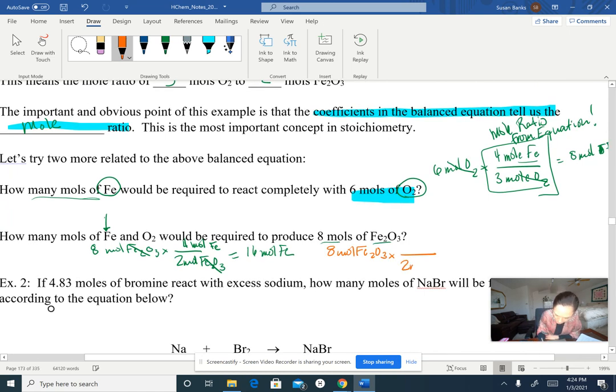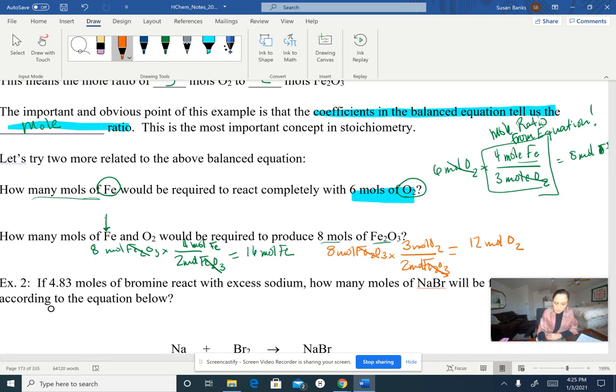So 2 moles of iron trioxide will react from 3 moles of oxygen. My moles of iron trioxide cancel out. Let's do the math. 8 times 3 is 24, divided by 2 is 12. So I will need to start out with 12 moles of oxygen.